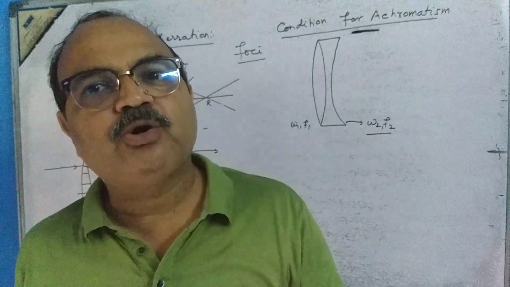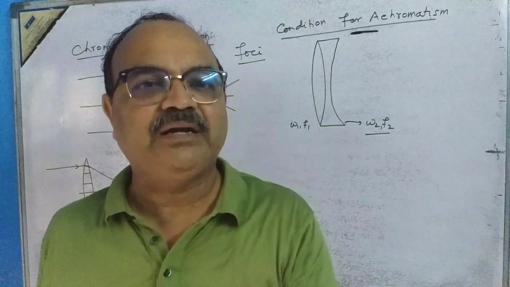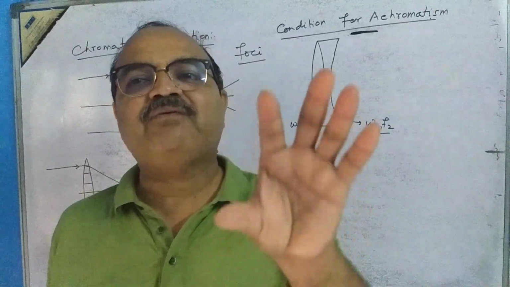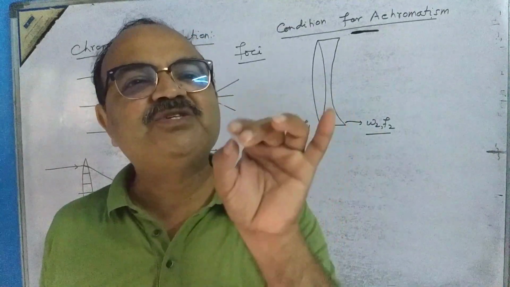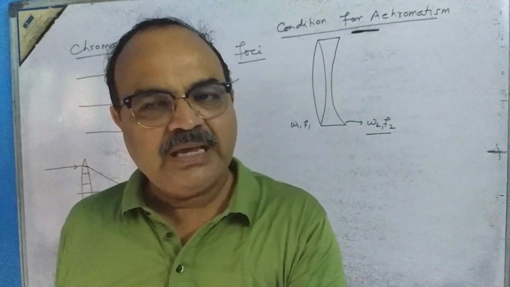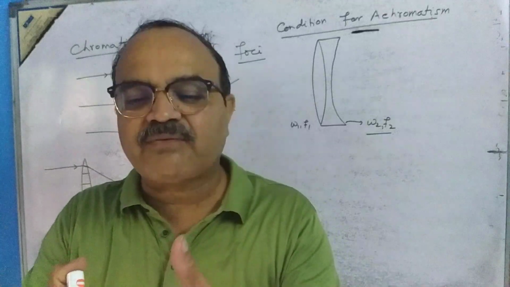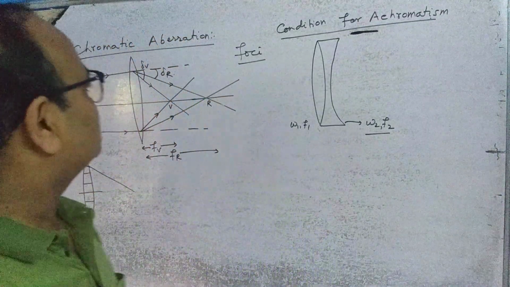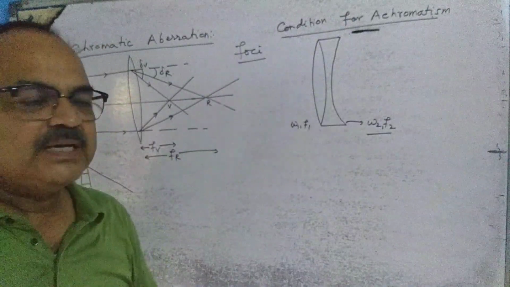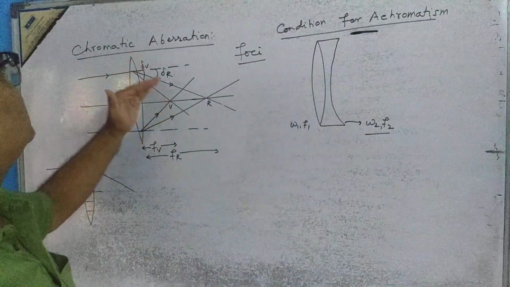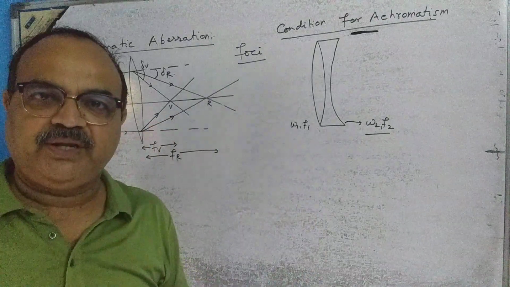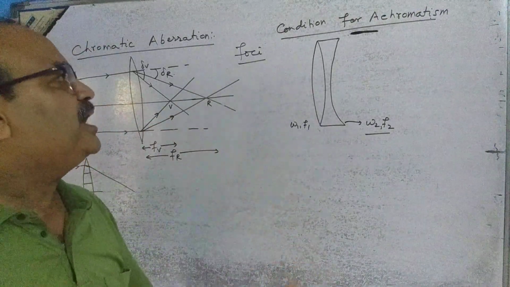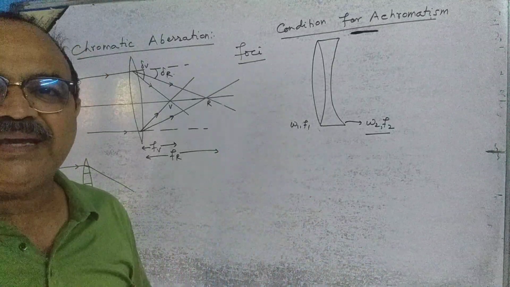So chromatic aberration is the optical defect due to which the rays falling on a lens are dispersed, and the different colors are focused at different points. We get colored images. This type of defect is known as chromatic aberration. Then there must be some way of removing this chromatic aberration.